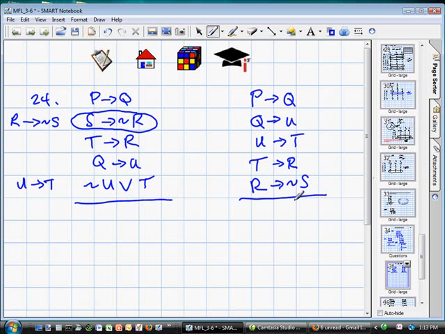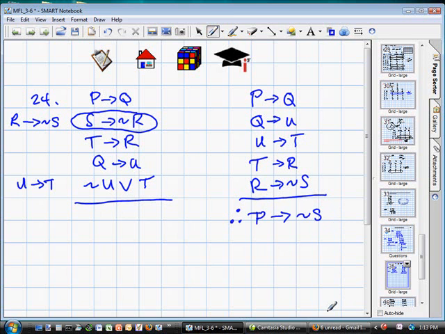Cool, they all chain now. And what's the result of the chain reaction? So if P then Q, and if Q then U, and if U then T, and if T then R, and if R then not S. So if you start with a P, you're going to end up with not S. Cool.